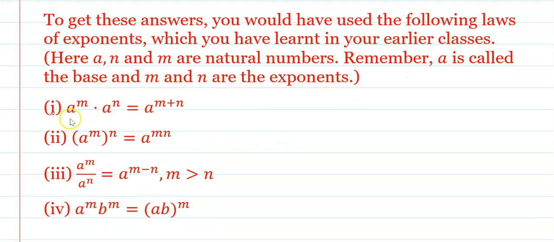The first is, if the bases are the same and there is a multiplication sign between them, then a raised to m into a raised to n equals a raised to m plus n. (a raised to m) whole raised to n gives the multiplication of their powers, a raised to mn. Then a raised to m upon a raised to n equals a raised to m minus n, where m is greater than n.